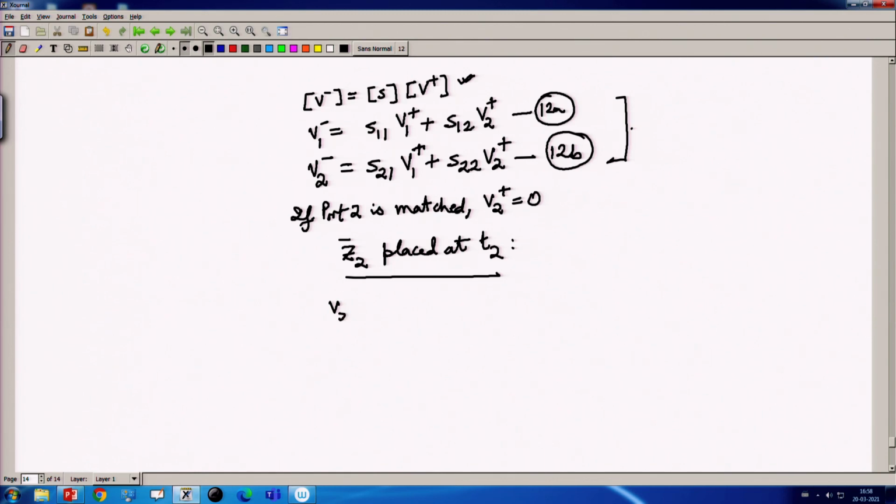Therefore, we can write under this condition, straightforward, where gamma L is the reflection coefficient at the load. So, I can characterize the reflection at port 2 by this reflection coefficient due to this normalized load impedance Z2 bar.